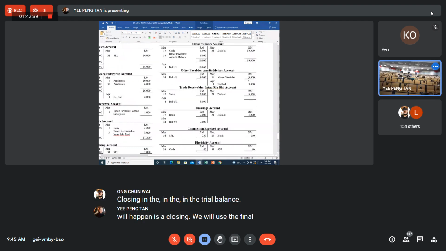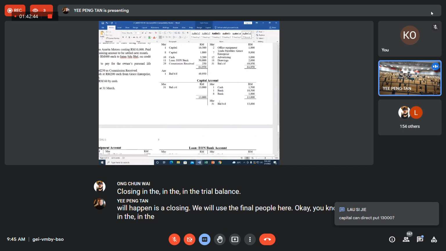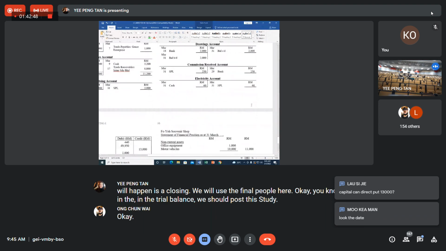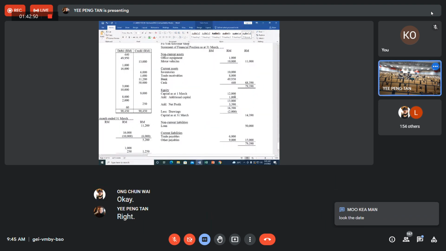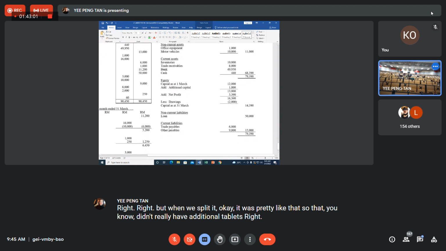We will use the final tables here. Okay. In the trial balance, we should post this value. Oh, okay. Right. All right. But when we split it, we will split like that so that we know during the year that actually has additional capital. All right.